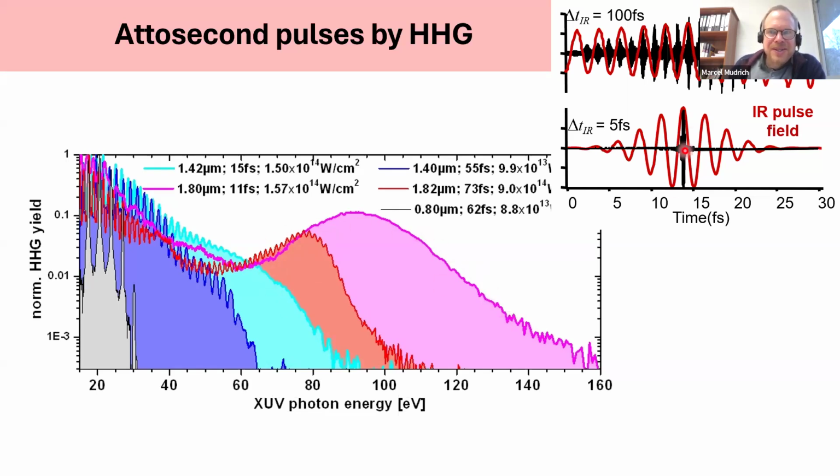Measuring the exact time structure of these short pulses is very hard, because you can see that the pulse structure is even faster than the oscillation period of the infrared laser pulse. So resolving these is very hard. It's much easier to resolve the spectrum. And in the spectrum, under these ideal conditions, we eventually see a broad structureless distribution. What can we conclude for the time structure?